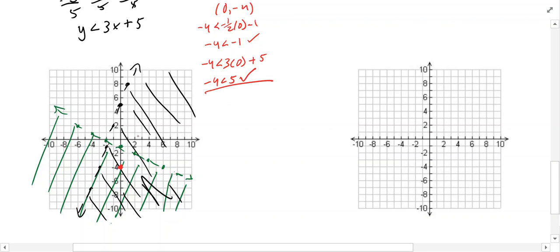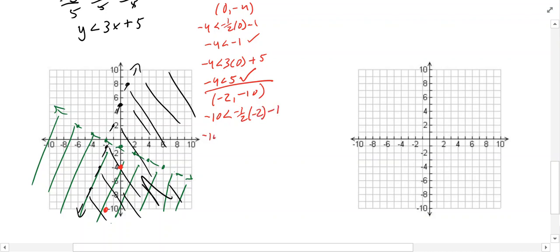All right, now I need to pick 2 more and verify those. So let's try negative 2 and negative 10, which would be down here. Into the first equation, I'm going to get negative 10 is less than negative 1/2 times negative 2 minus 1.